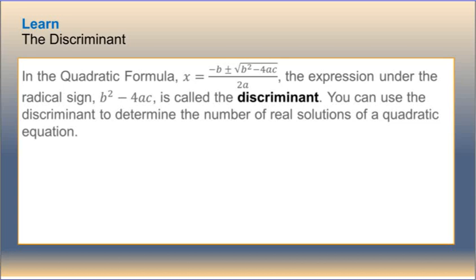Next, the last part of our lesson is on the discriminant. The discriminant is the part of the quadratic formula inside the radical. So the expression under the radical sign, b squared minus 4ac, is called the discriminant. You use that to determine how many real solutions you can have for the quadratic equation.